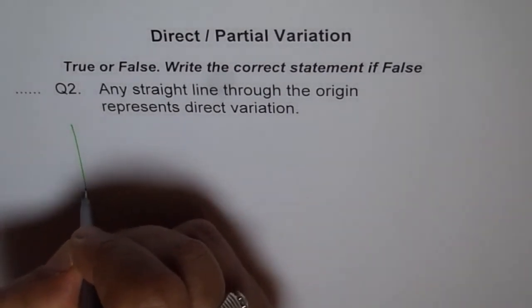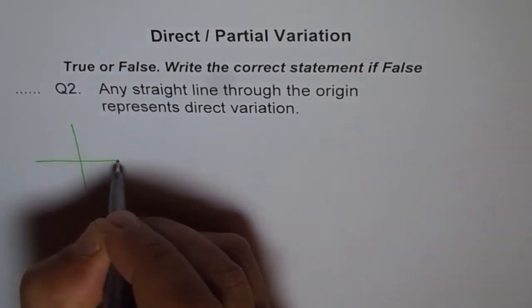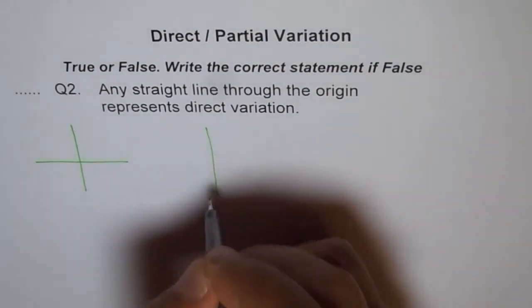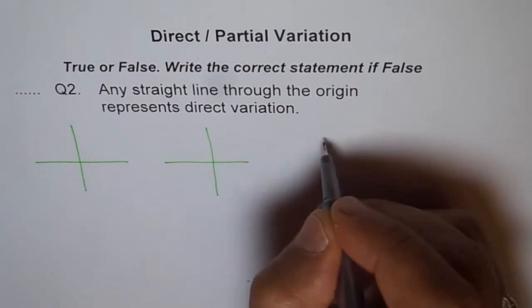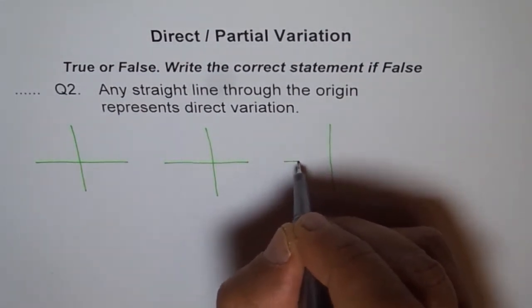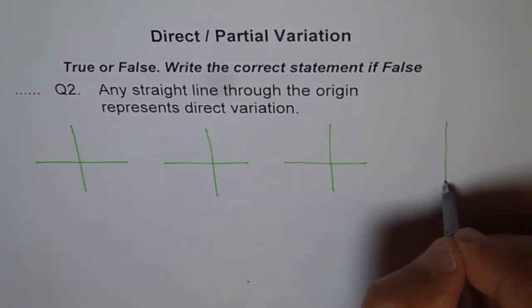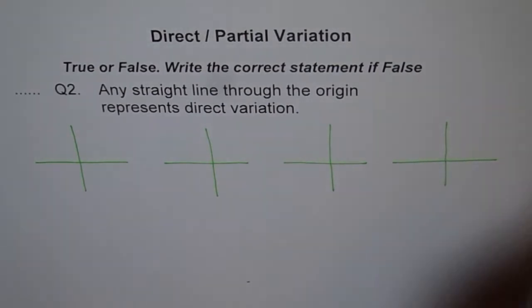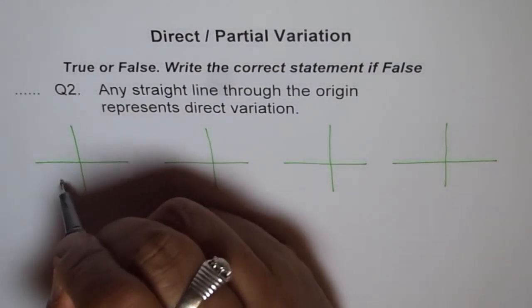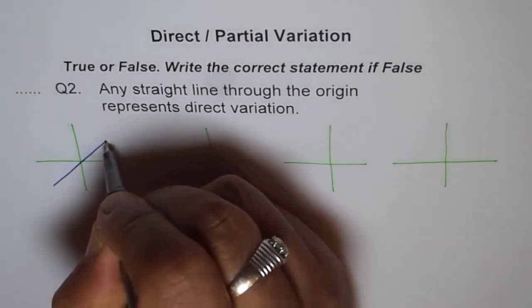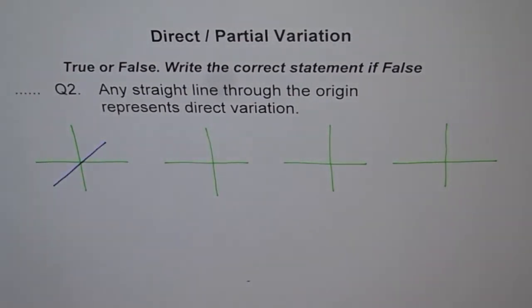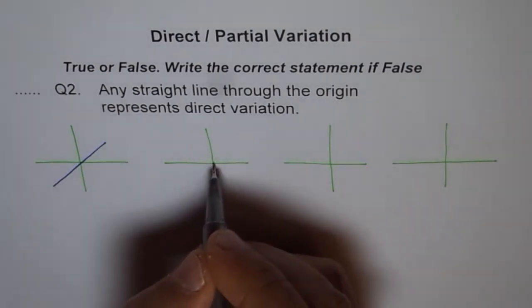So I'll make a couple of graphs here to show you whether all are direct variation or not. Okay, 1. A straight line going through origin. Is this a direct relation? Yes, it is.